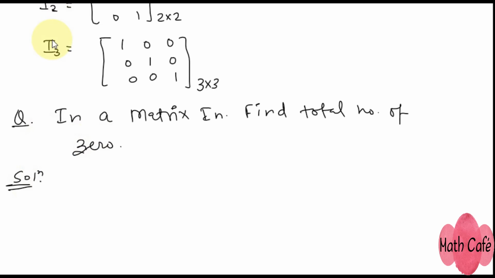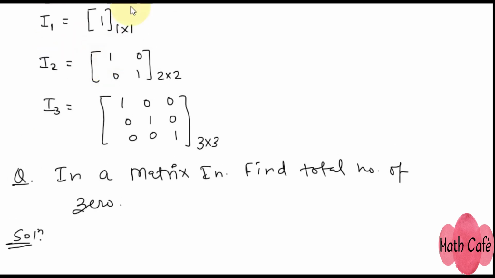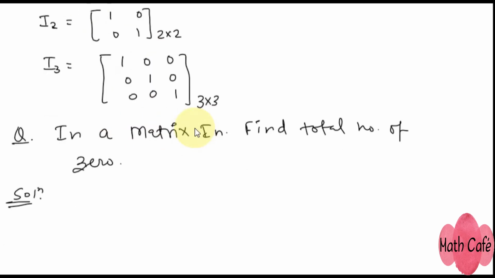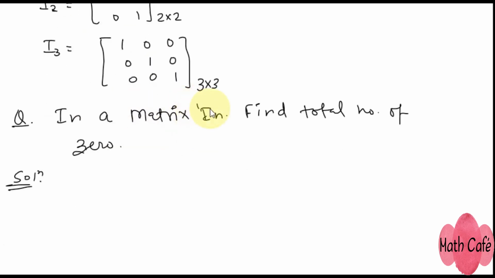As we can see, I1 is represented by a matrix of order 1 cross 1, I2 is represented by a matrix of order 2 cross 2, and I3 is represented by an identity matrix of order 3 cross 3. Then In will be represented by an identity matrix of order n.